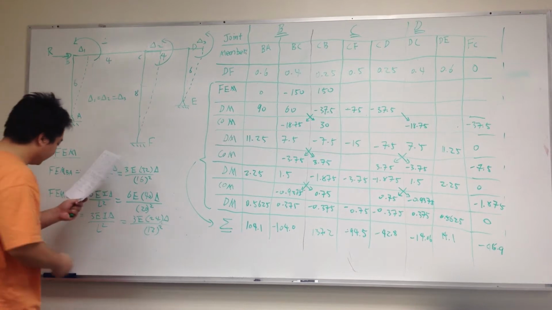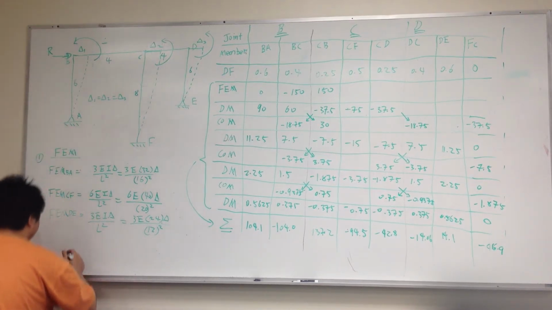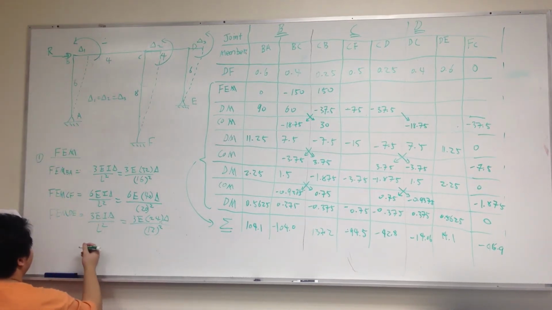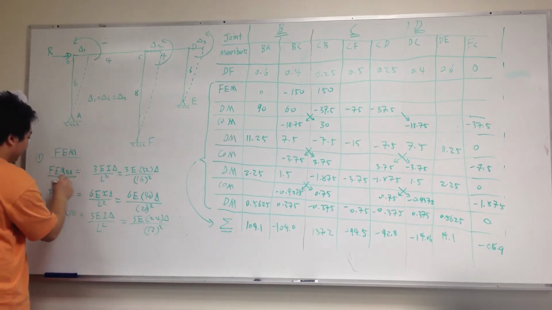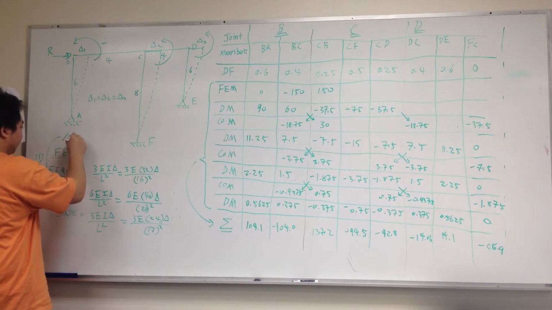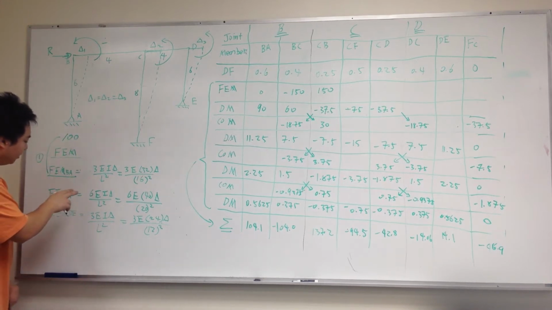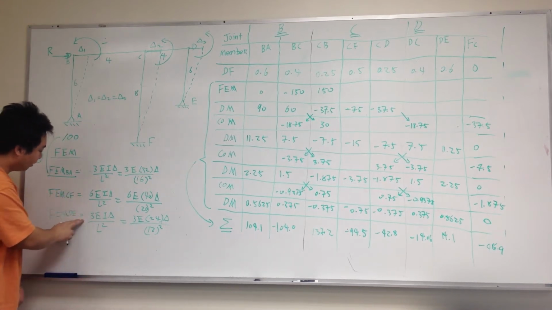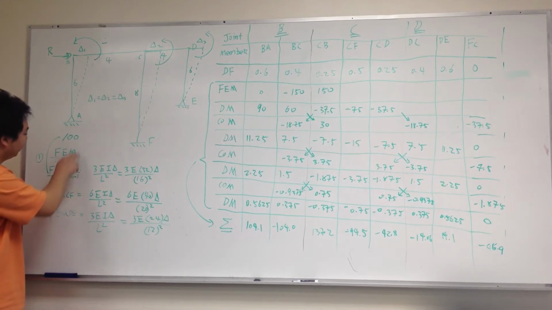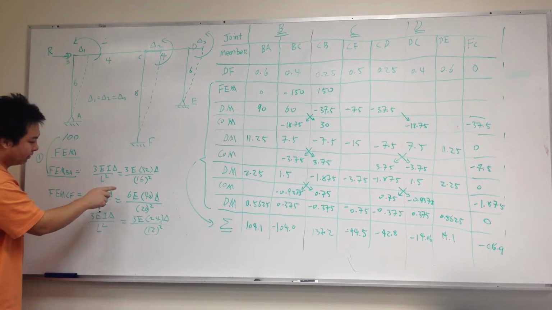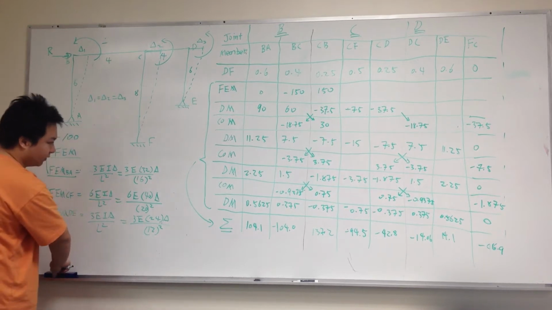I pick this as 100, so I have to find the ratio for this one and this one, so I can find the real numbers for these two. If this is 100, just find the ratio.